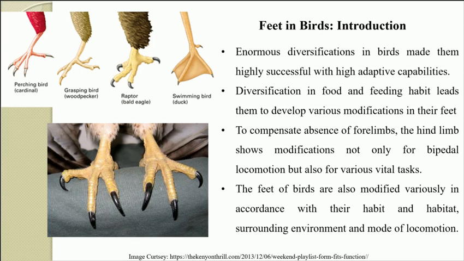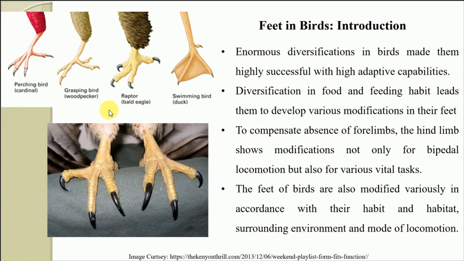Now this diversification in food and feeding habit also leads them to develop various kinds of modification in their feet, and the feet are not only useful for locomotion, but for different kinds of functions. To compensate for the absence of the forelimbs, the hind limbs in birds show modification not only for bipedal locomotion but also for various vital tasks which are necessary for that particular bird.